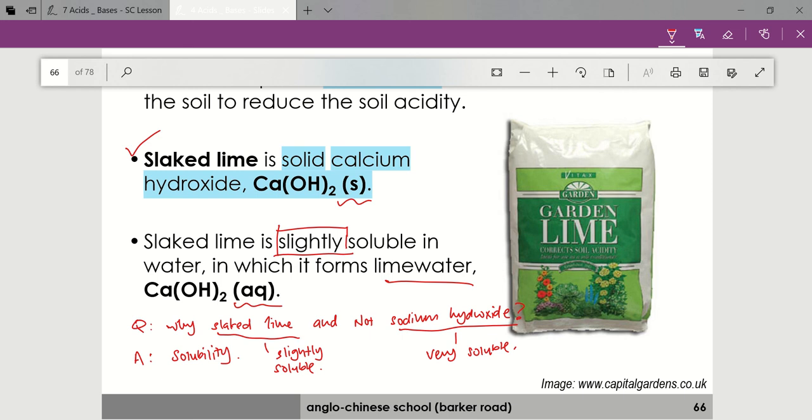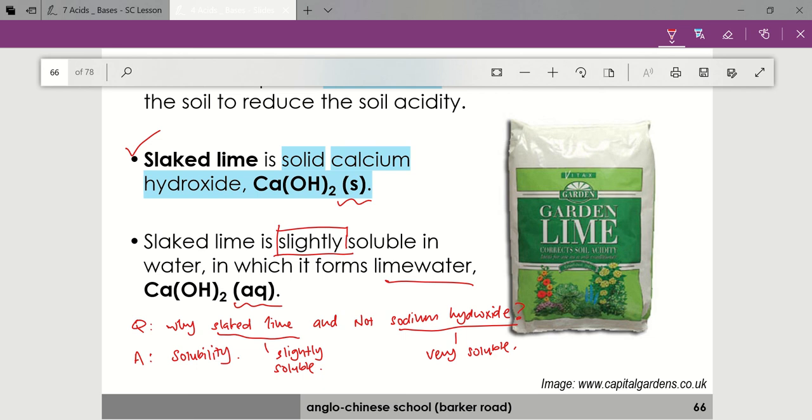So usually what they do when they put fertilizers, which some of them may contain slaked lime, is that they just put a lot of it onto the soil. And if we add in a chemical that is only slightly soluble, the excess slaked lime that didn't react with the acids in the soil will just remain on the soil. It will not affect the pH of the soil at all and cause it to be too basic.